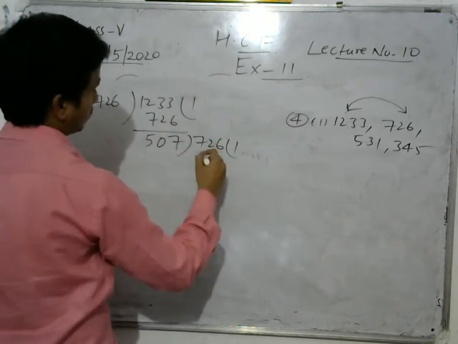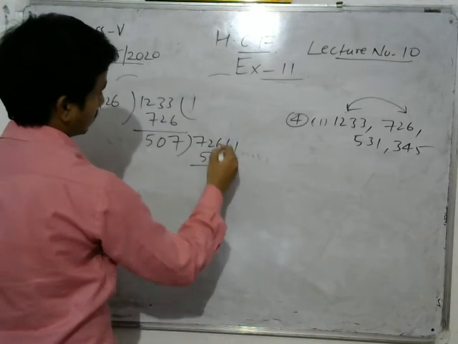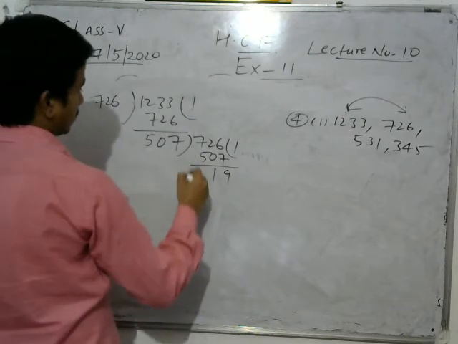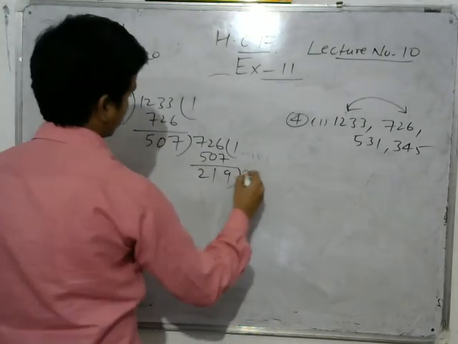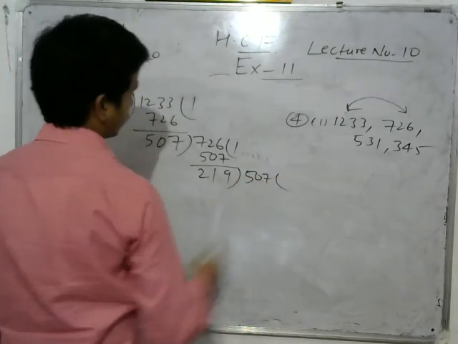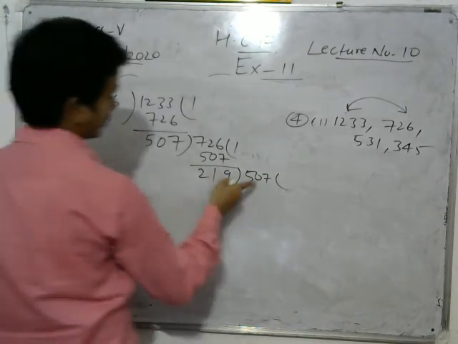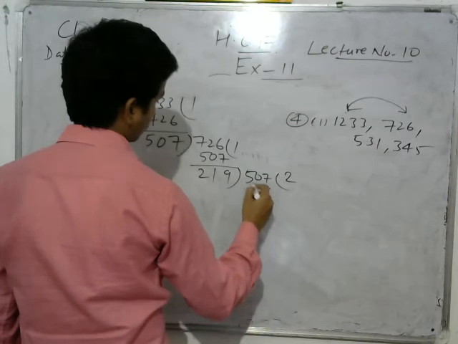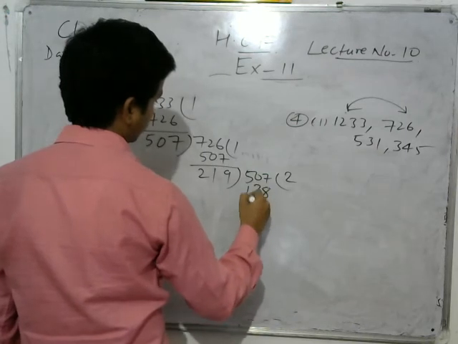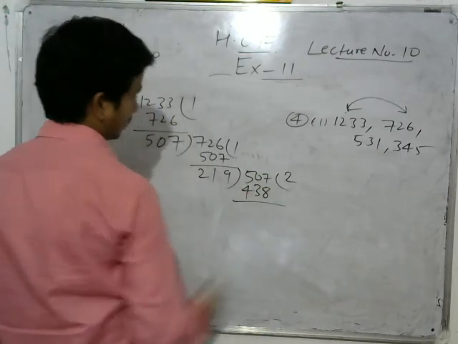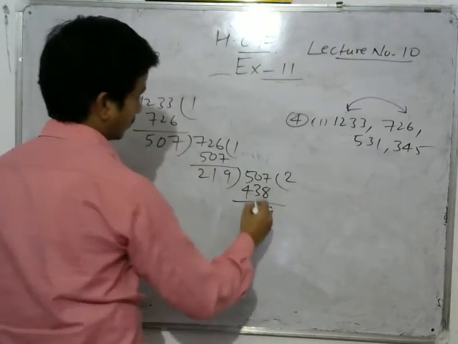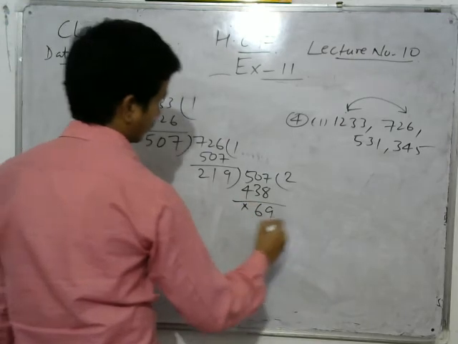So 1 times 507, 9, 1, 2. Now again divide with 507, 2 times. 17 minus 8 is 9, 9 minus 3 is 6, it will cancel.